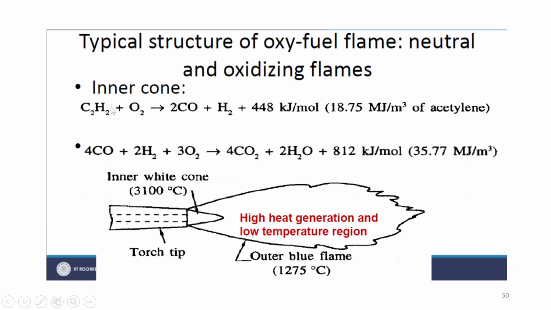This is your fuel, this is the oxygen, and it will be converted into carbon monoxide plus hydrogen, and this much amount of heat will be released. Then the carbon monoxide is not very stable, so it will again react with hydrogen and oxygen and provide carbon dioxide and H2O, and again more heat.